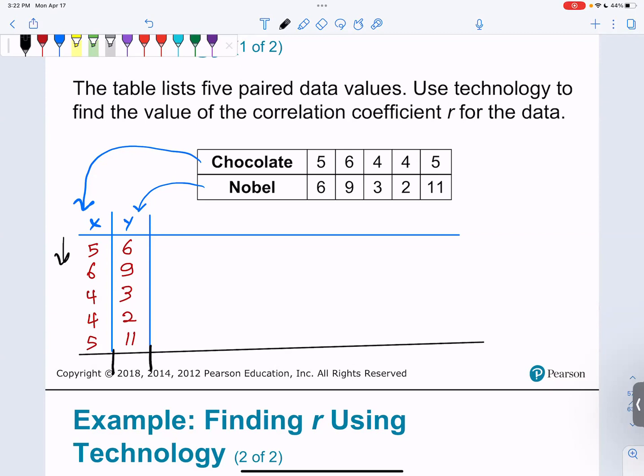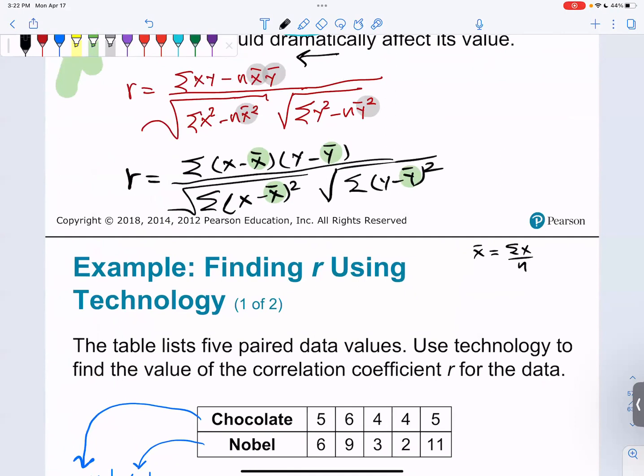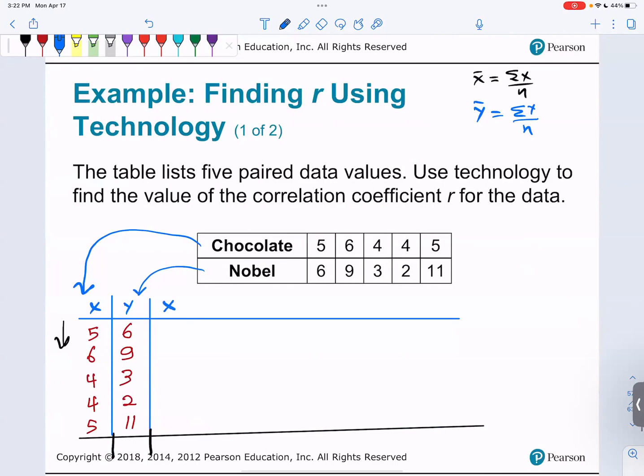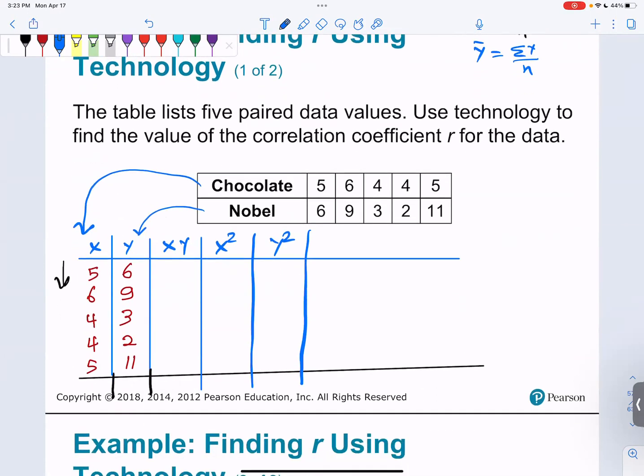Then calculate Y bar equals summation Y divided by n, and then you need x times y. So we have to find x times y, and then we have to find x squared and y squared, and find the summation of each.